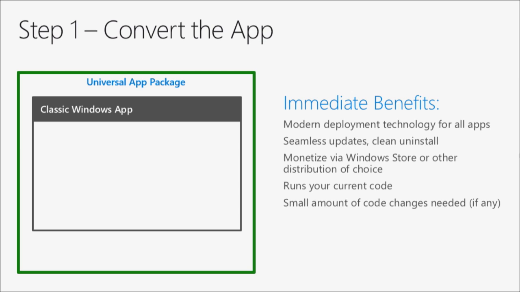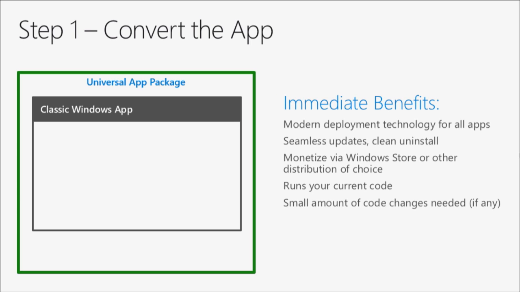But if you're a Win32 app, you have no identity, and we have no way for that API to know what your live tile is. The moment that you go through the converter, when the app launches, you immediately get to be able to start calling all these APIs.